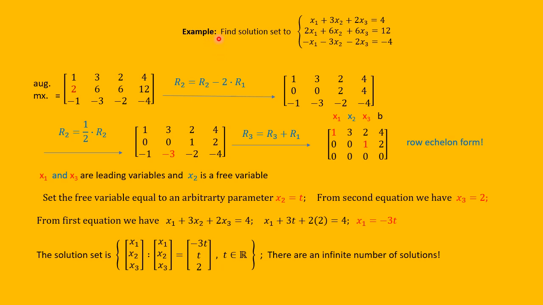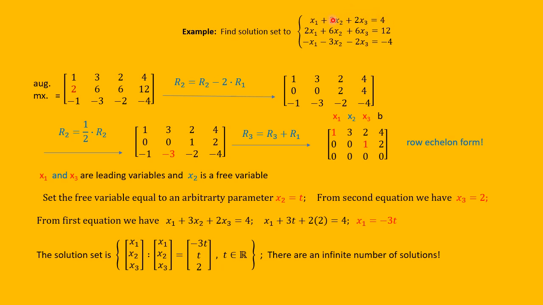As an example, let's find the solution set to this system of equations. 3x1 plus 3x sub 2 plus 2x sub 3 equals 4, and a couple more equations. First of all, let's write down the augmented matrix for that system of equations. The first row of this augmented matrix is going to be 1, 3, 2, 4.